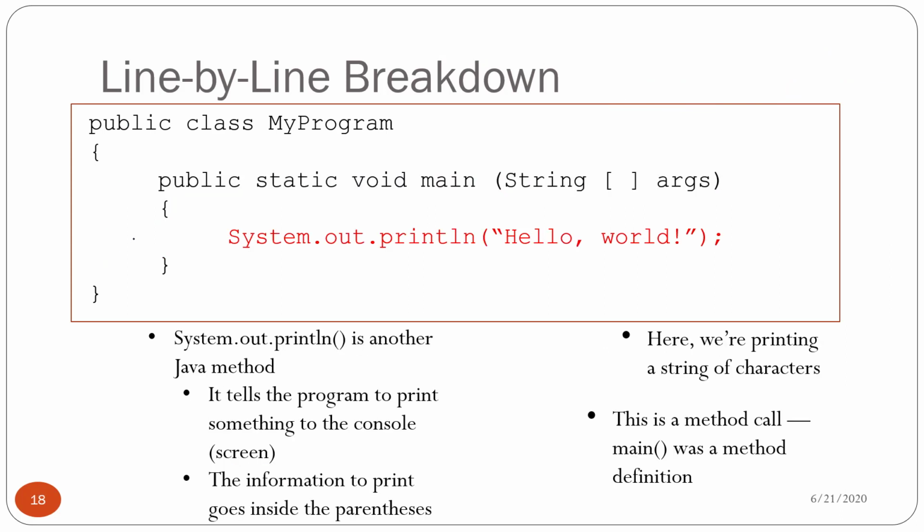Now let's try to understand the statement which we have in our program, which is System.out.println, and then in the parentheses you have the message that you want to print, and the message should go in the quotation marks. So these are important.